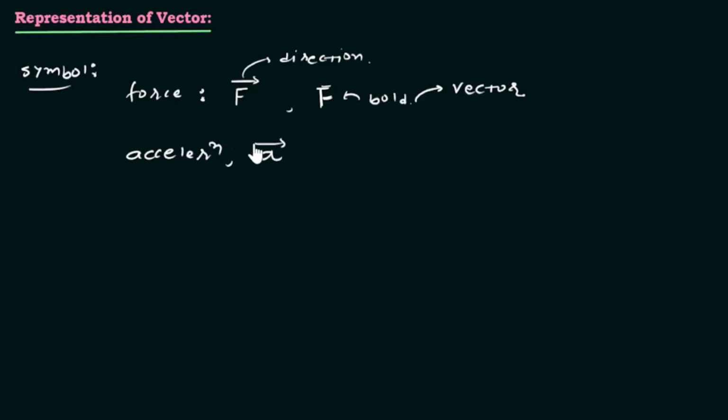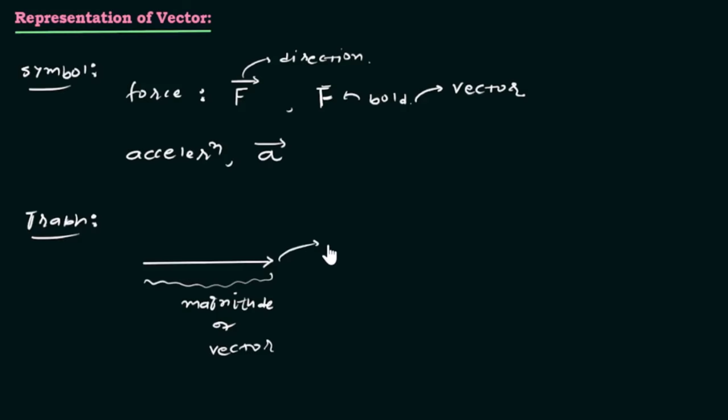But how do we represent such a vector graphically? Basically, a vector is given by an arrow. The length of this arrow is the magnitude, and the pointed arrowhead shows the direction.